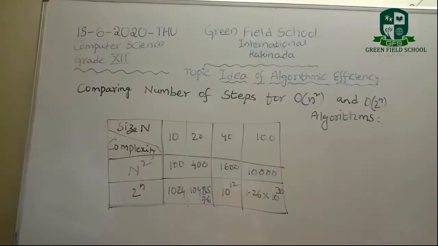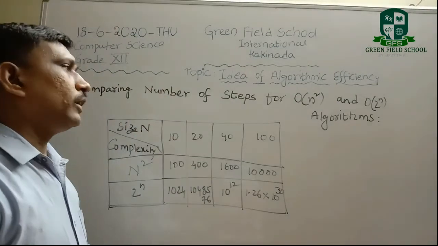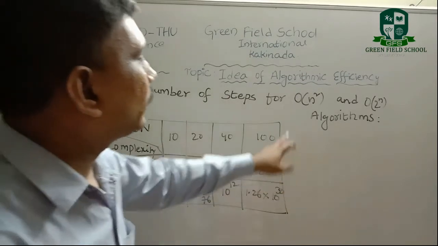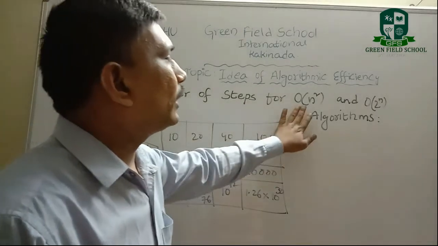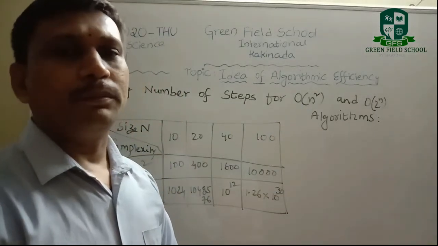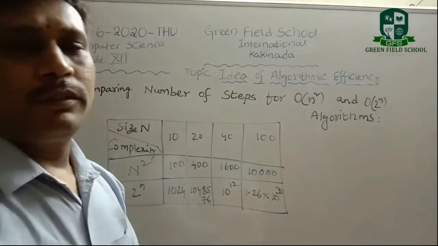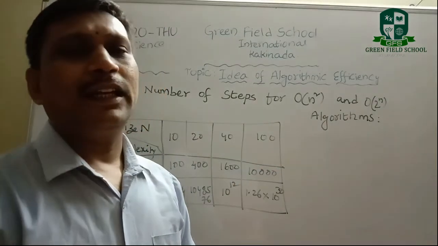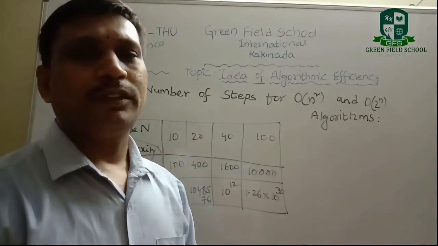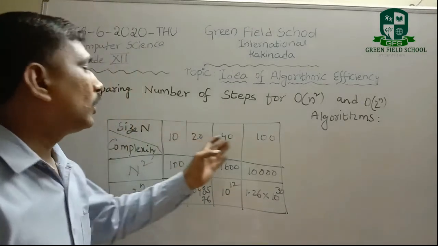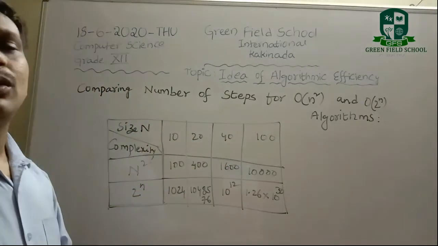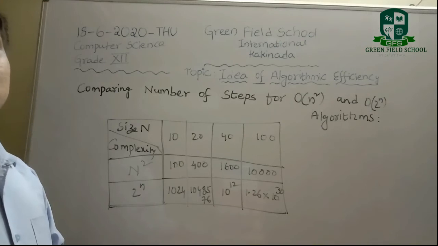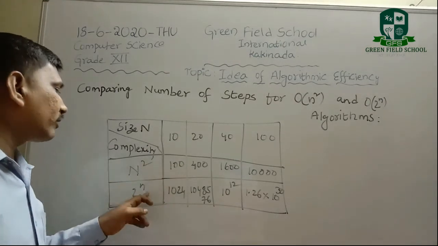of the algorithm. When we compare the number of steps for an algorithm, one possible way is big O notation of order n square, and another way to solve that problem is order of 2 power n.